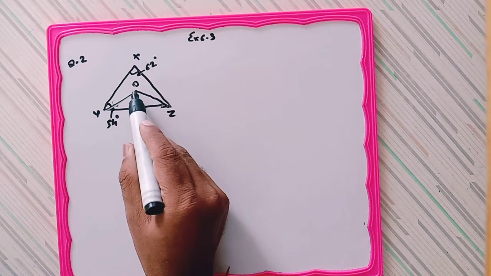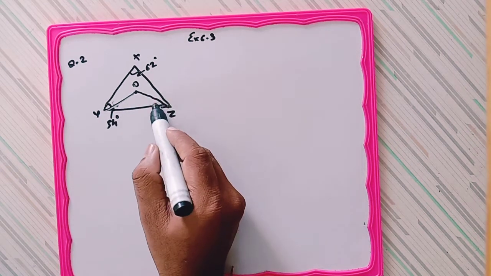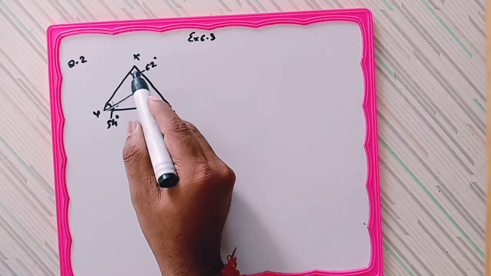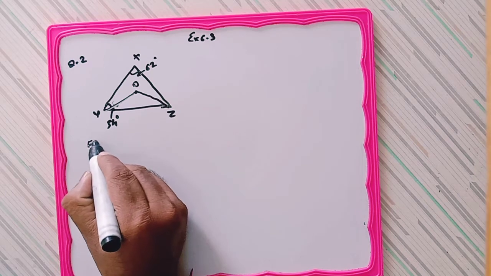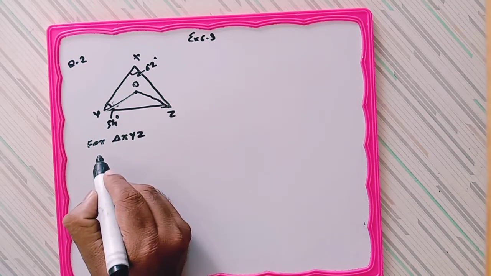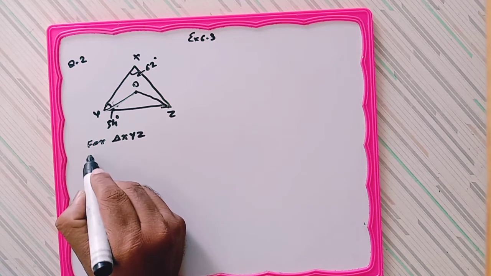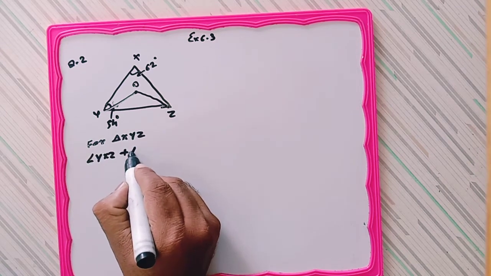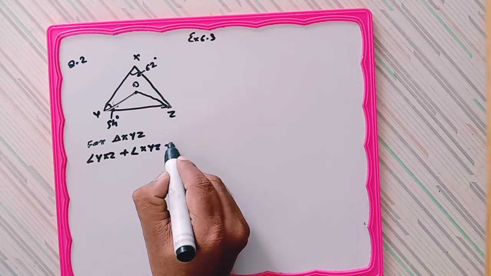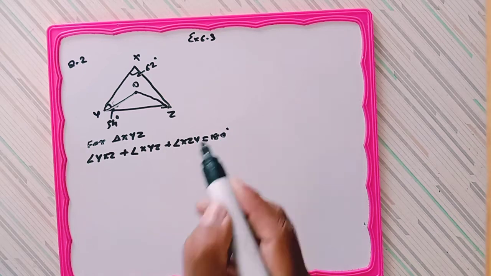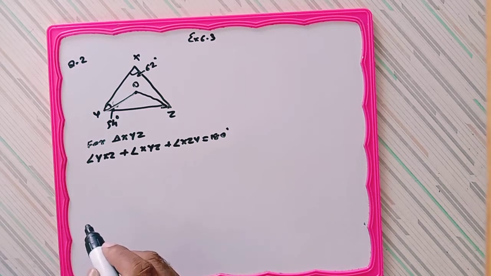So to get OZY we require the measurement of angle Z, and that we can get by the angle sum property. So for triangle XYZ, angle YXZ plus angle XYZ plus angle XZY equals 180, that is the angle sum property.